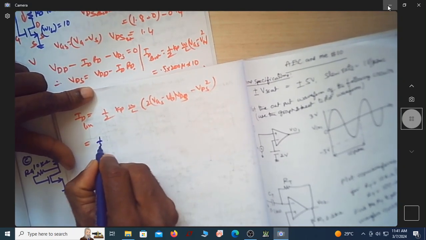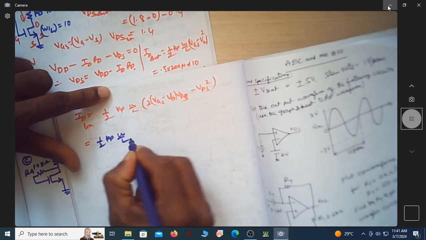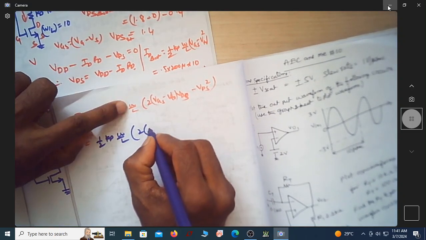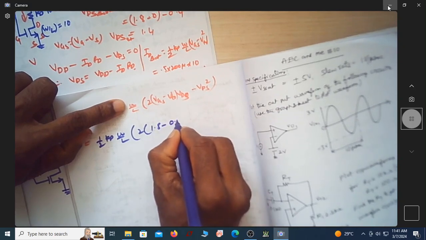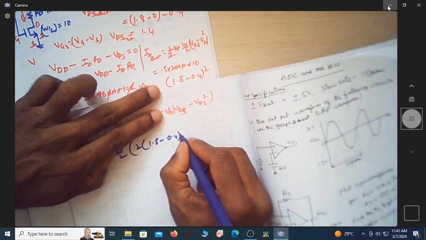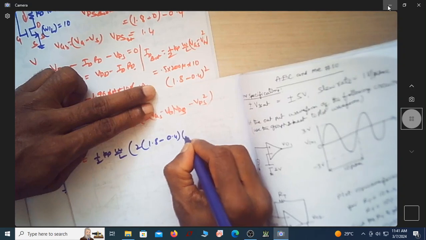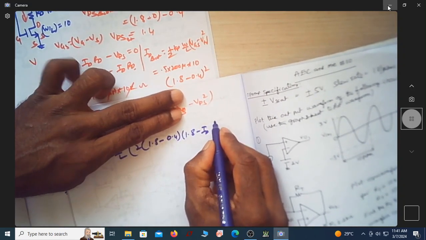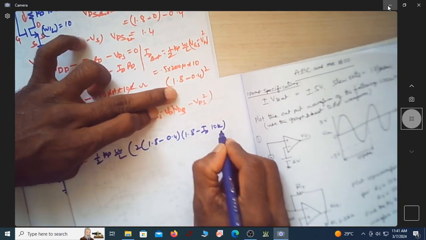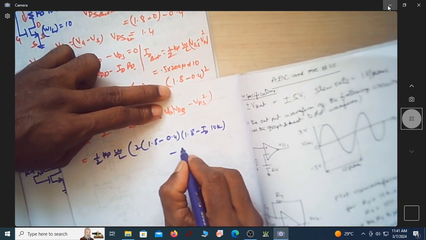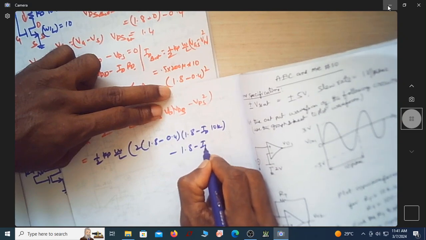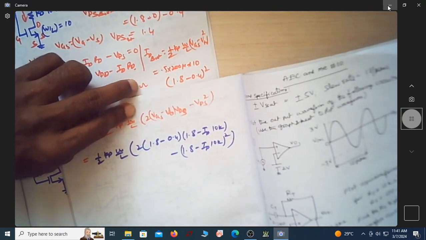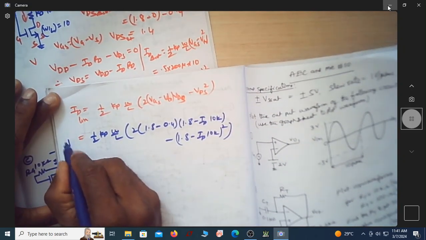So it is now half Kp W by L, 2 into what is VGS? It is 1.8 minus 0.4. But what is VDS? It's again 1.8 minus ID into 10K, minus of 1.8 minus ID into 10K whole square, close the bracket. Now you have to find the value of ID.